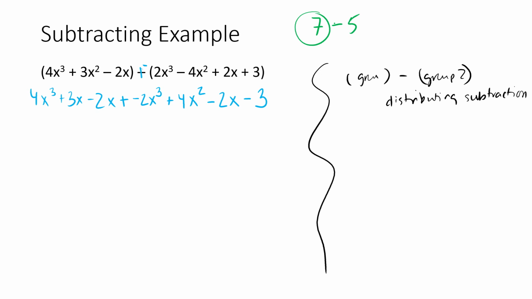I think that subtraction needs to get distributed through that whole second group. A lot of students like this. They like to picture a -1 out in front, and they like to think of it as distributing a -1, which also works because the subtraction is the negative, and then you have a 1, you can multiply 1 by anything. So that's a very popular way of thinking of it.